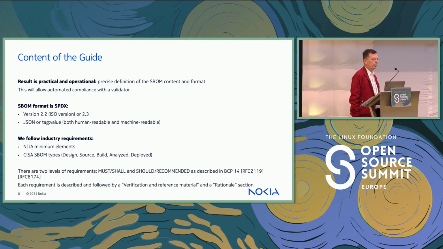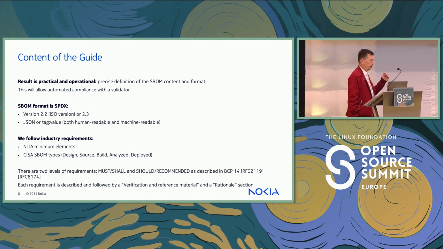So in the document, we have two levels of requirements. We have some mandatory requirements that are given with the must or shall keywords, and we have recommendations, should or recommended keywords.